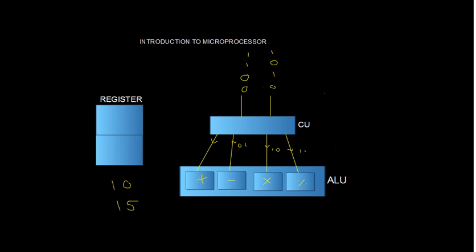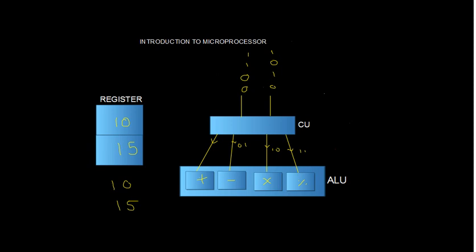Similarly, these operands have to be stored somewhere in the processor. That place is registers. Registers are the storing elements where operands are placed.